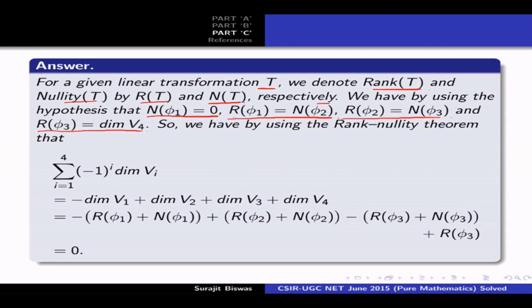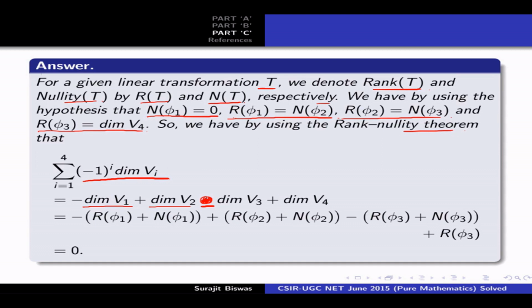So we have, by using the rank nullity theorem, that summation i equal to 1 to 4 of minus 1 to the power i times dimension Vi equal to minus dimension V1 plus dimension V2 minus dimension V3 plus again dimension V4.